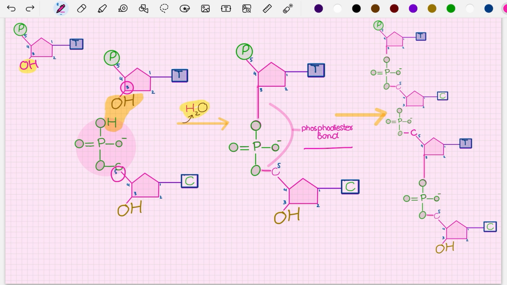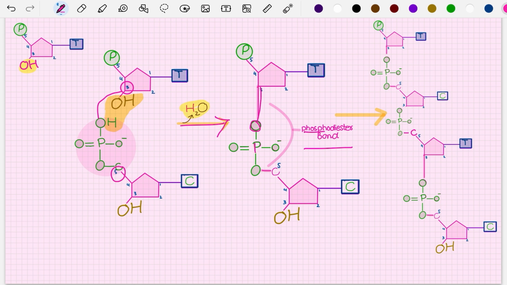Thus this oxygen makes a bond with this carbon. The water molecule is removed and we are left with the oxygen making a bond with carbon number 3. So this is the phosphodiester bond.